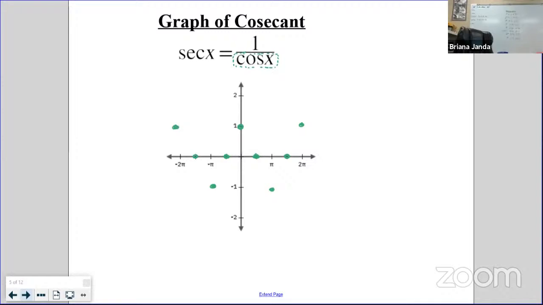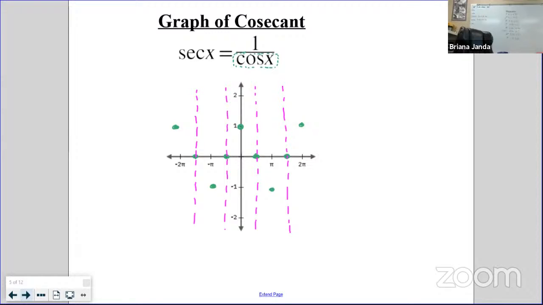What changes is that because I'm doing a secant instead of cosine, now I don't connect them, but I will look at these in a different way. The dots on my midline, so those four, become my vertical asymptotes. So I have four vertical asymptotes in this picture.